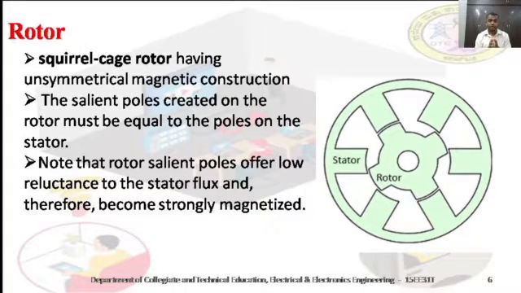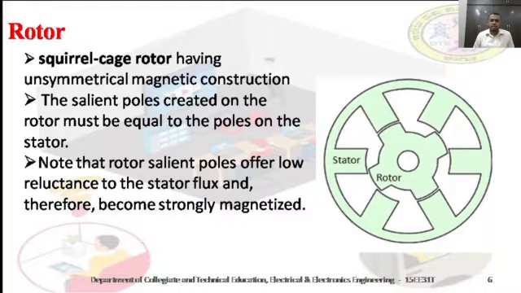But here we are using a squirrel cage rotor while providing slots in the entire rotor part, and the slots will not be equal. It will be unequal, in order to achieve unsymmetrical magnetic flux. For that purpose, it's been considered in such a way.